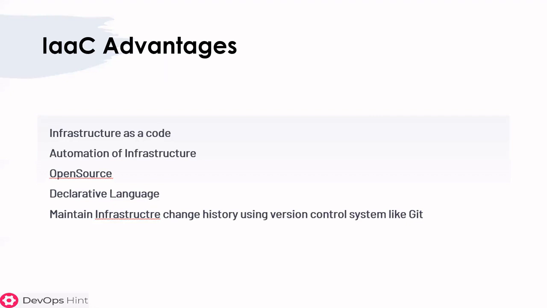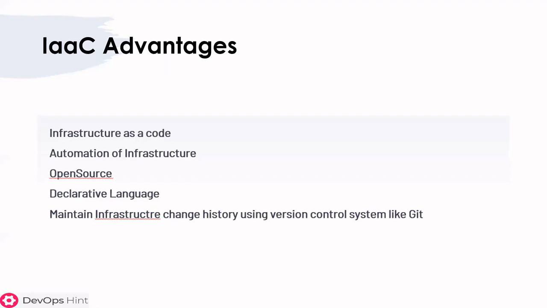For example, if you are booking a cab and want to go from source A to destination B, in an imperative language you need to tell the driver: go straight, then take left, then take right, then go 500 meters straight, and then B will come. So in an imperative language, you have to mention how you are going to produce the output.